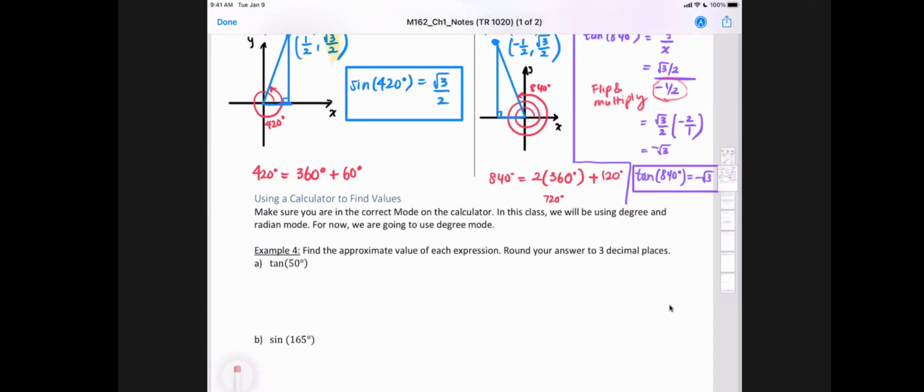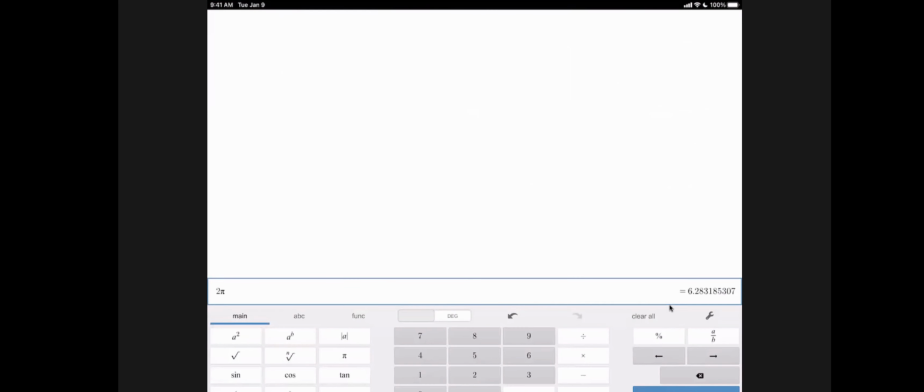If you have a regular calculator that you're using, like a scientific calculator, there's a mode button. In the mode menu, you can see degree versus radian, and you would change the mode accordingly. If you look at my calculator on the screen, I have a toggle here for degree and radian.